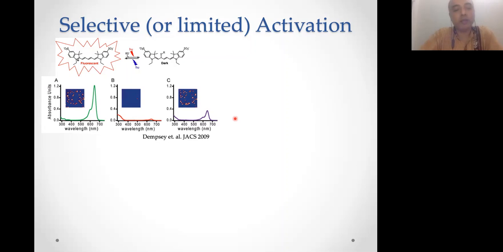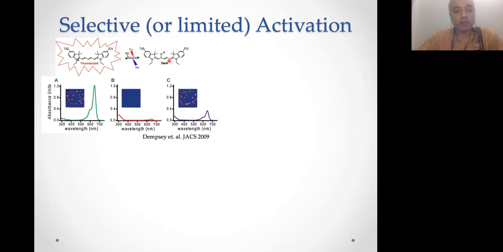fluorescent systems, people came up with methods where you can convert a dark molecule to a bright molecule by an illumination, or a bright molecule to a dark molecule with another illumination, or a small chemical like, let's say, mercaptophenol.